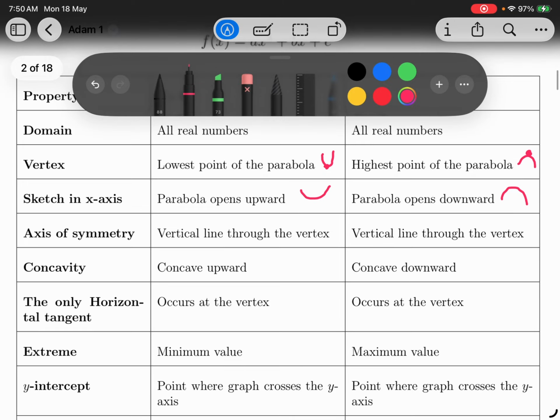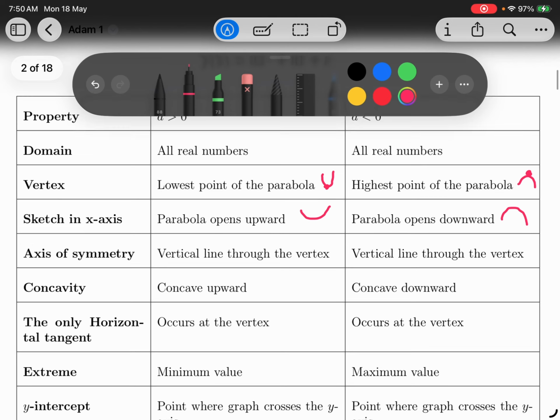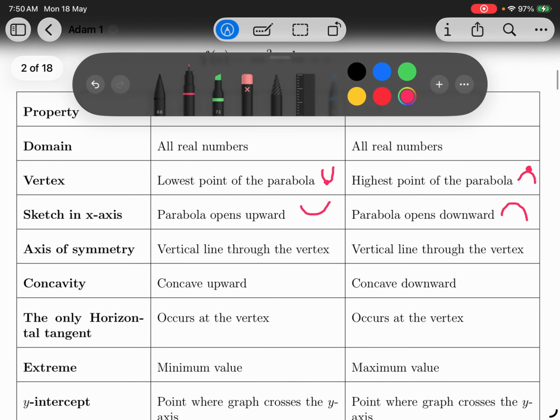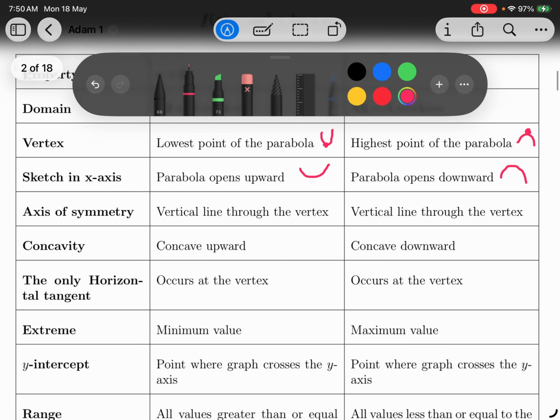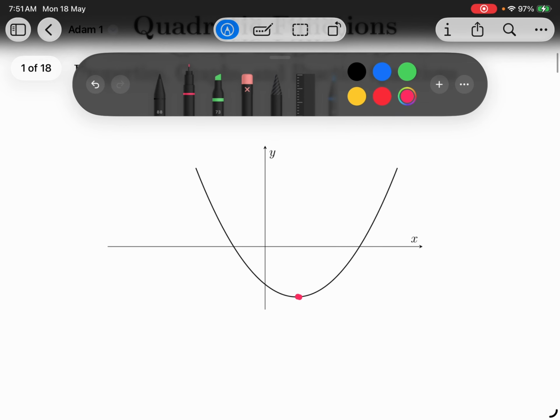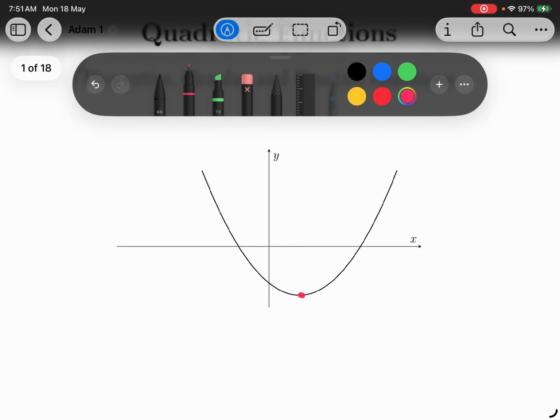And what else? Here we have what we call the axis of symmetry. The axis of symmetry is the vertical line that splits this parabola into two identical parts. So it's splitting it from the very middle to have two identical halves.